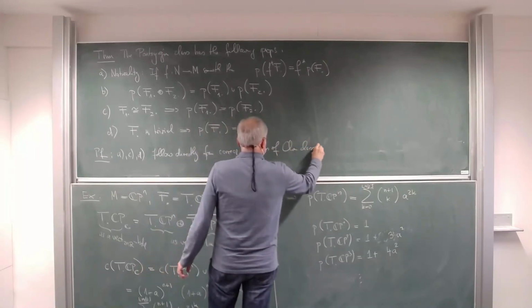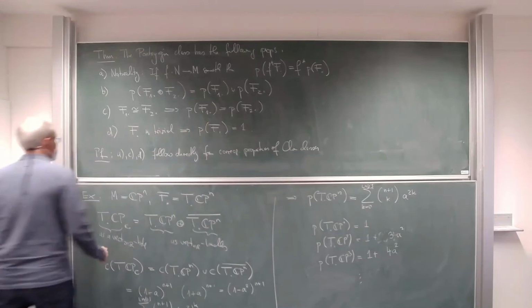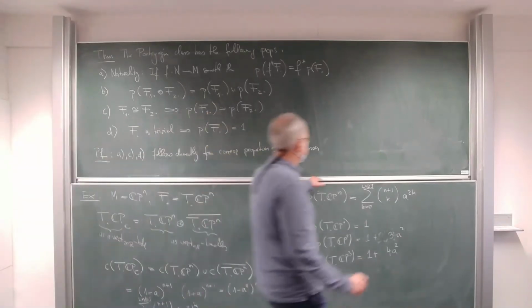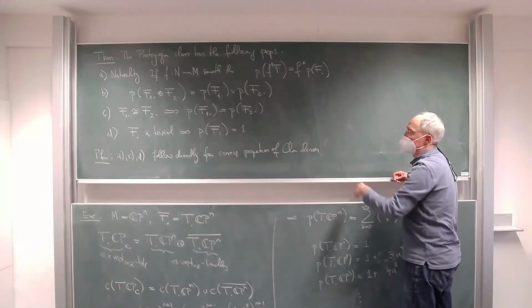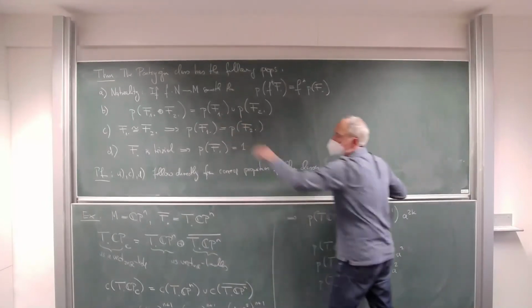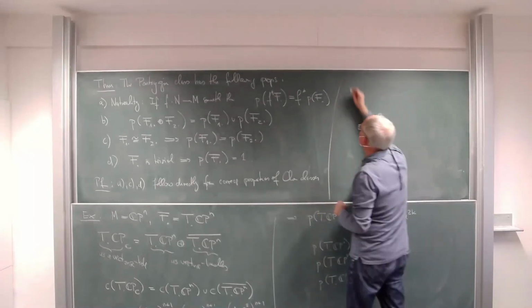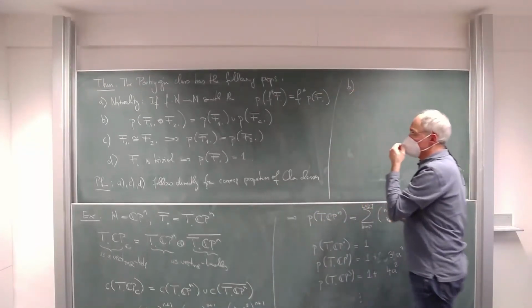In B, we have to be a little bit careful because of the sign flip. So we have to check that we did not mess up the sign flip. But probably the sign flip doesn't mess this up. So let's see. All right.